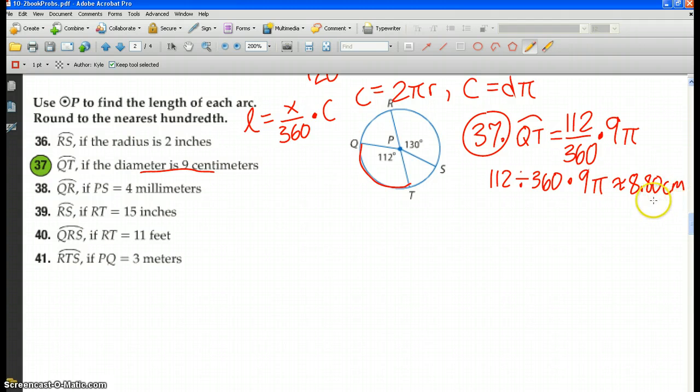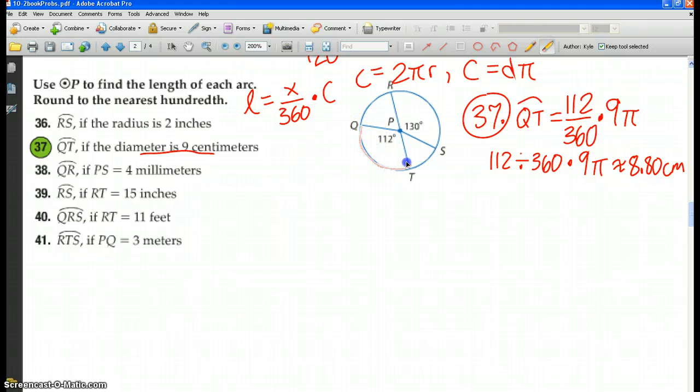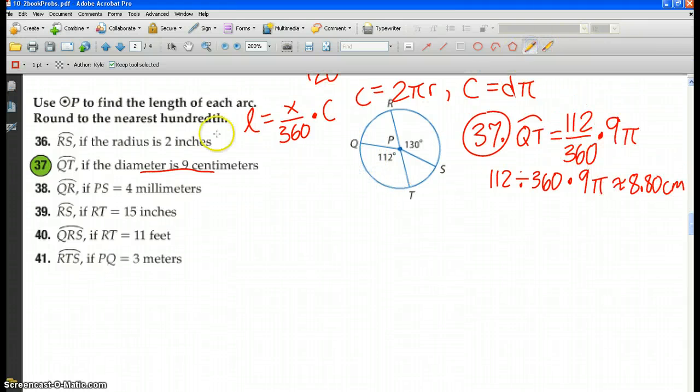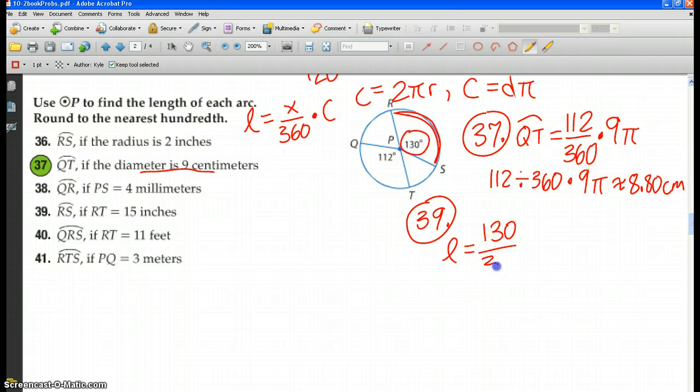All right, number 39. We want to find RS. So RS, which has a central angle of 130. And RT is 15 inches.